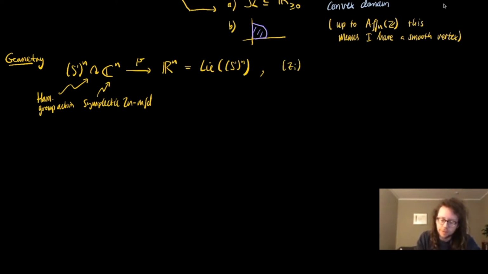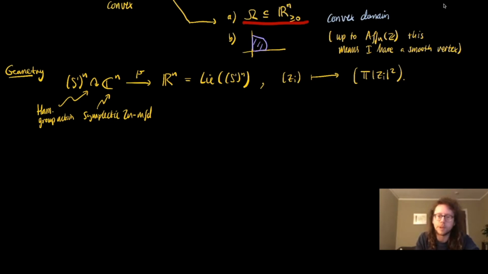Up to the choice of scaling on the symplectic form, the moment map is essentially just the absolute value squared map. So it lies in the positive orthant, and that is the reason for the positive orthant condition here.